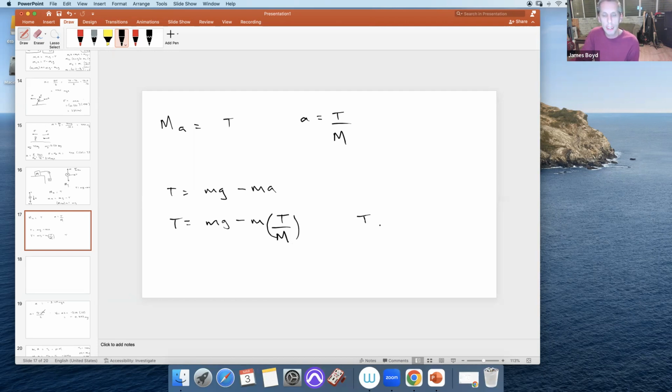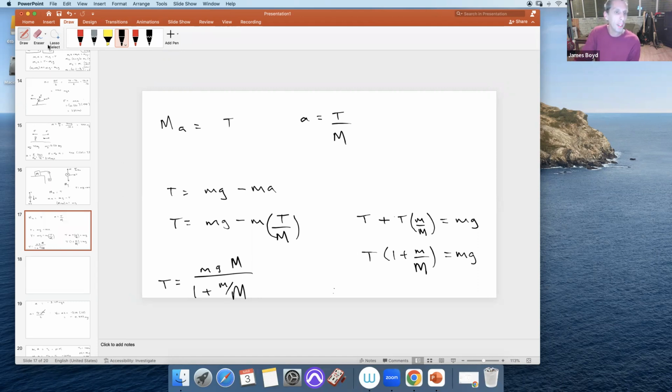Move that over and I get T plus T times little m over big M is equal to mg, or T times 1 plus little m over big M is little mg, or T is equal to little mg over 1 plus little m over big M. If I multiply top and bottom by big M, that goes away and this bottom part becomes little m plus big M. So multiply through both sides by big M, and what do you see happens?